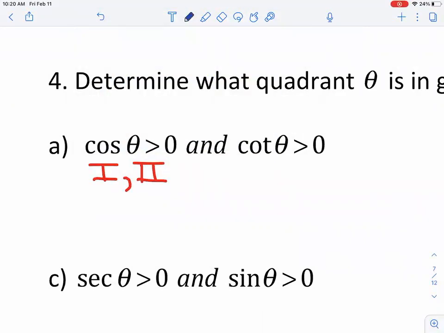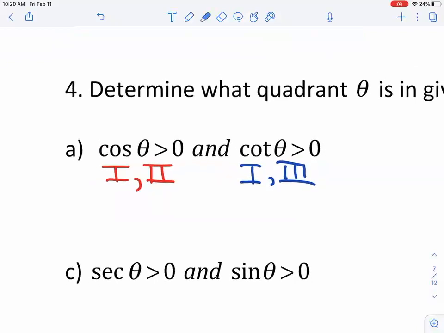The cotangent, which is the tangent flipped over, doesn't change positive and negative when you flip something over. So the cotangent and tangent are positive in quadrants 1 and 3. And we want our answer to satisfy both conditions.